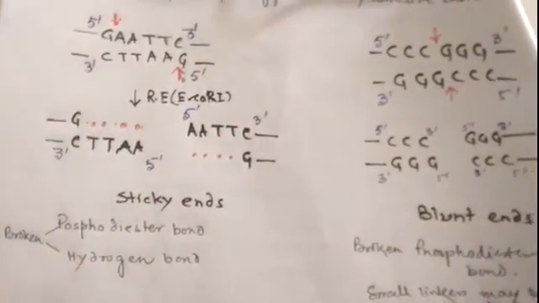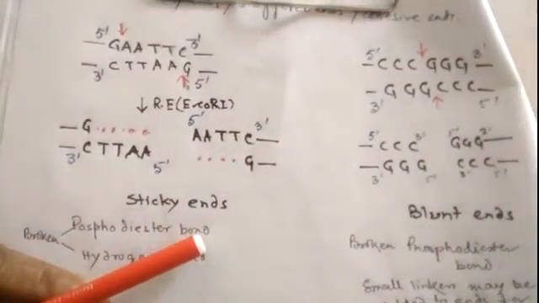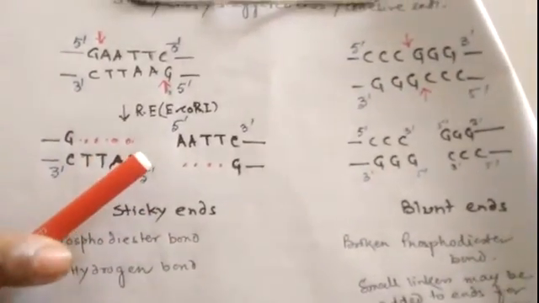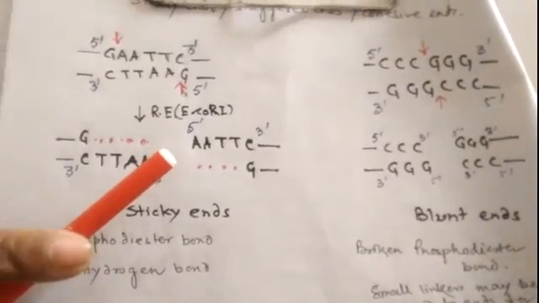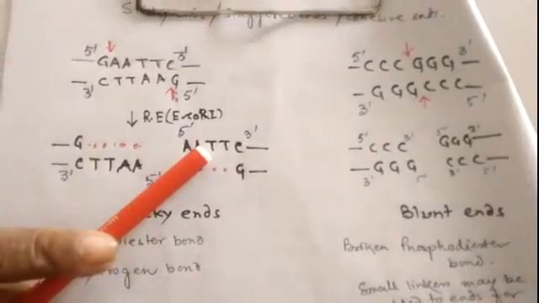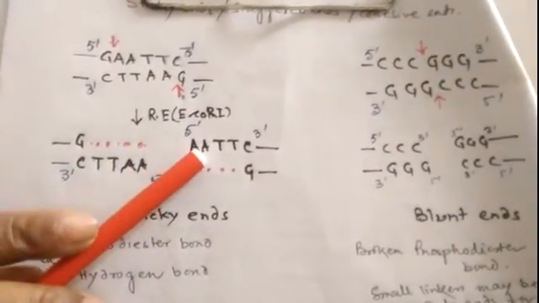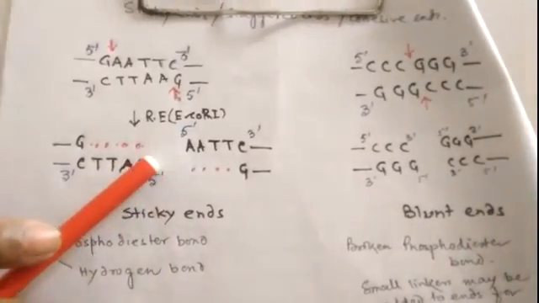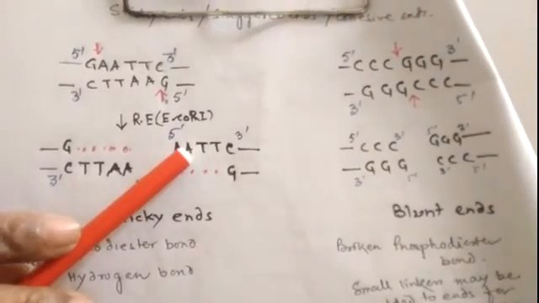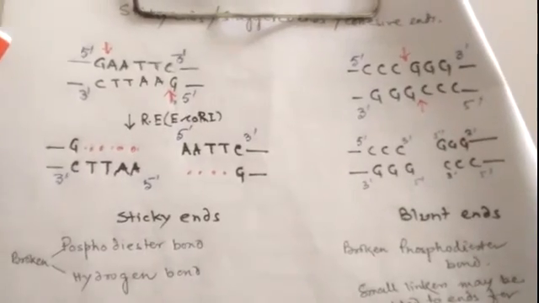Now what will happen when the same restriction endonuclease is used, and we cut the vector, which is carrying the DNA, and the desired DNA, then also we will get these type of sticky ends. So by this type of sticky ends, as they can form complementary base pairs, we can easily join the vector with the desired DNA, so that this vector may carry this desired DNA to our host cells.